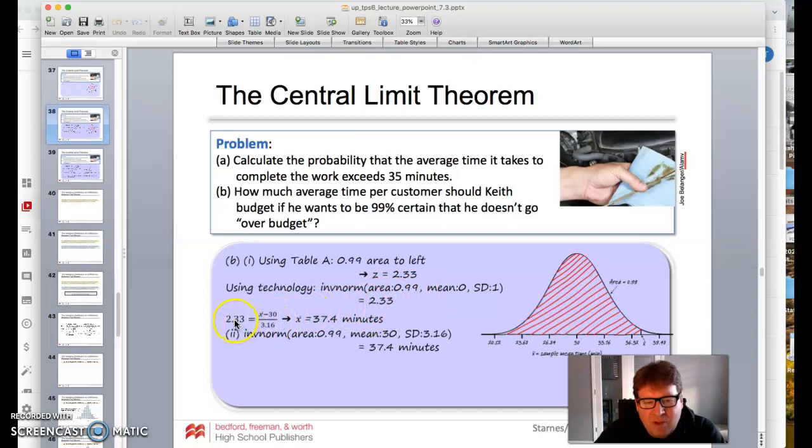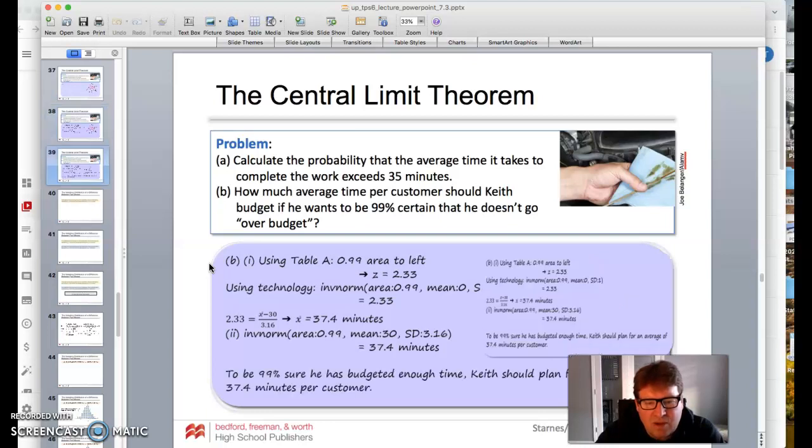So what should we budget for time? If we multiply this by 3.16 and then add 30, we see this is going to be 37.4 minutes. So that's what we should probably be budgeting for time to make sure that we have a 99% certainty that we're not going over budget. That'd be important for us to do.